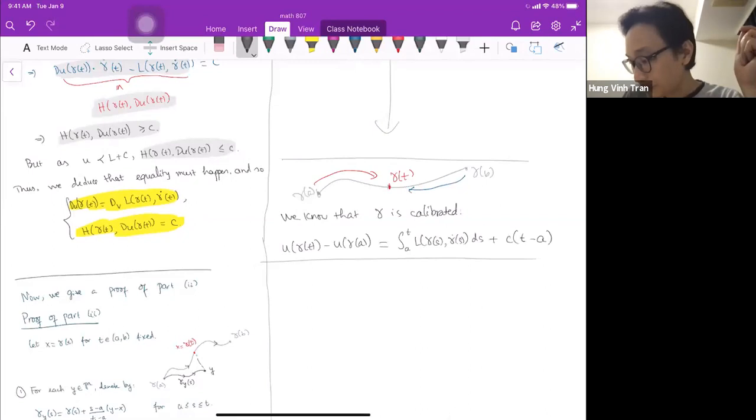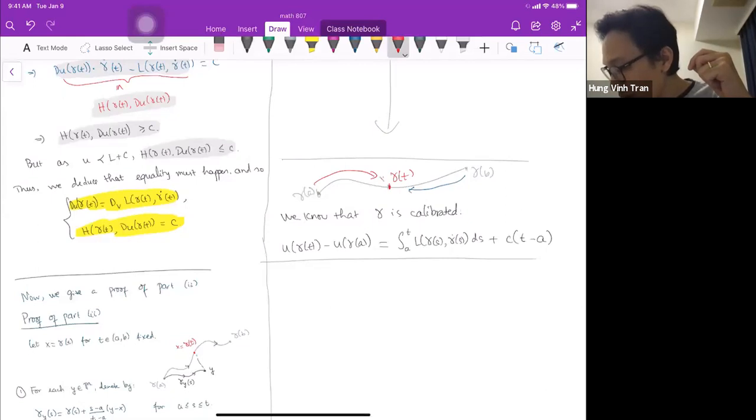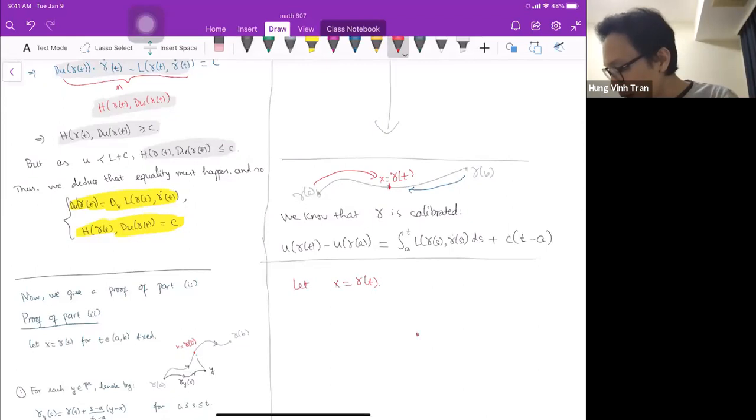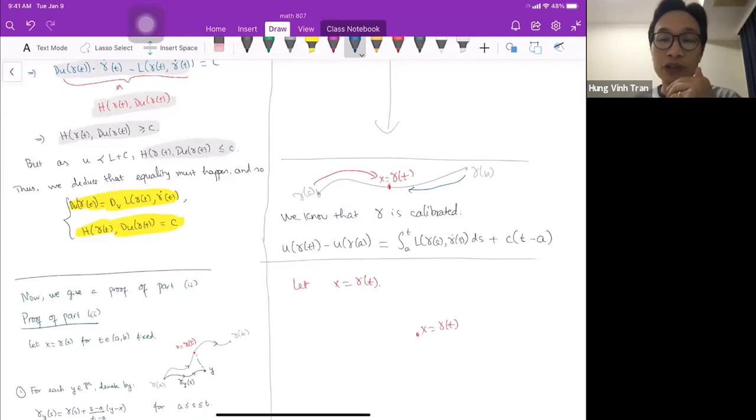Now, to see that my function u is differentiable, let x equal gamma t. To see that u is differentiable at x, the natural idea is that to know my function is differentiable at x, I need to explore the nearby neighborhood of x.